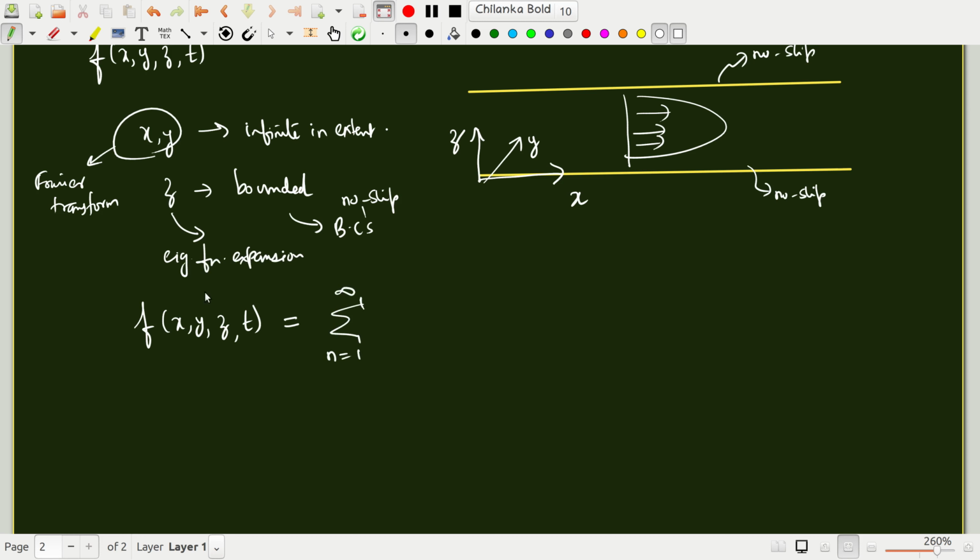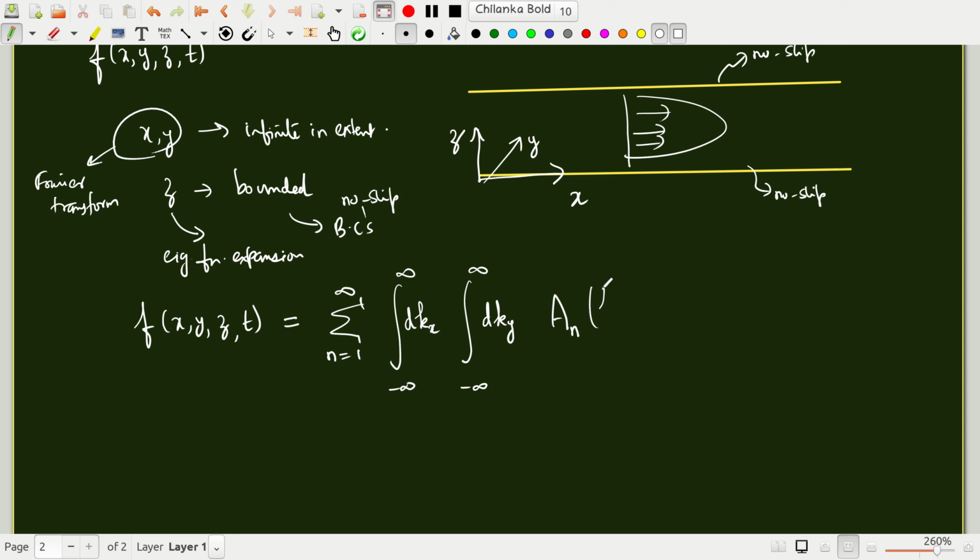This is summation over these eigenfunctions in the z direction times minus infinity to infinity dkx. kx is the wave number along the x direction, minus infinity to infinity dky. Okay, now you will have a function of a subscript n, because along the z direction it is n.